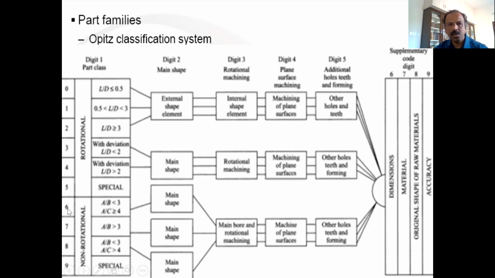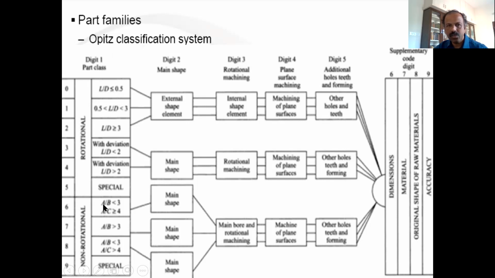Next, from 6 onwards, it is for non-rotational parts, which we discussed in the previous video, using the aspect ratio. A is the width, B is the length, and C is the height.